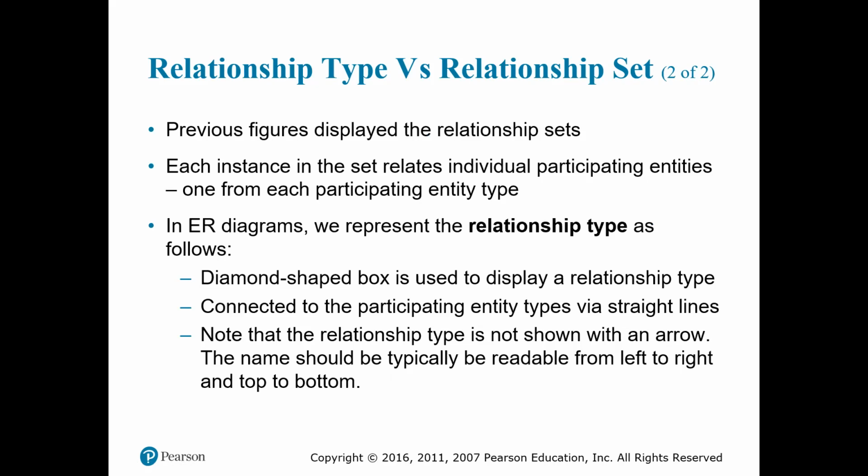Now I'm used to just the straight line with the crow's feet on the end, just straight lines between entities. But in this traditional ER diagram format, you put what would be a decision point in a flow chart, a diamond symbol, but that's the name of the relationship or the relationship type.